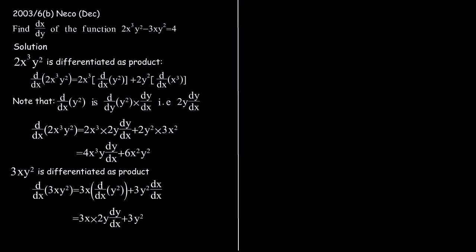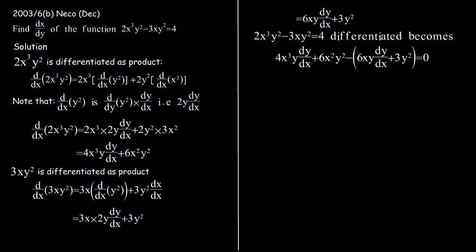Simplifying further, it will be equal to 6sy dy/ds over 3y squared. Now adding everything together, 3s cubed y squared minus 3sy squared equals 4, differentiated becomes 4s cubed y dy/ds plus 6s squared y squared minus, in bracket, 6sy dy/ds plus 3y squared, which will be equal to 0.